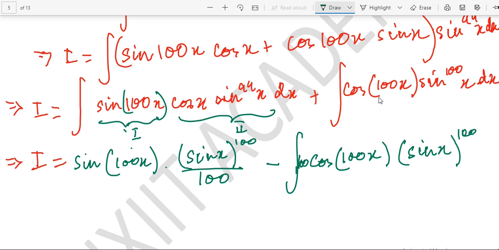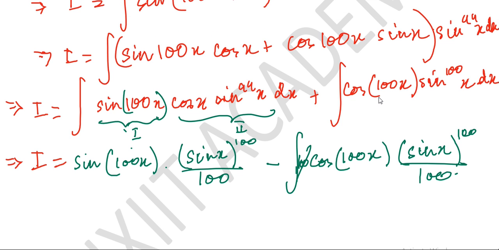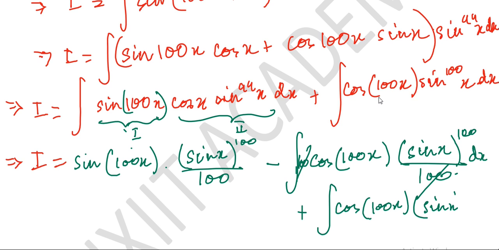Then divided by 100, so the 100 and 100 get cancelled. You are left with cos of 100x multiplied by sine x whole to the power 100 dx, and you have plus the integral of cos of 100x into sine of x to the power 100 dx.